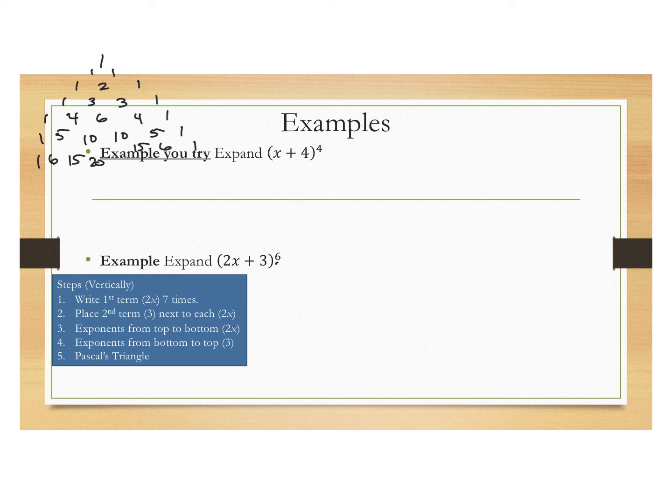It looks like we're going to draw 7 blanks, and we're going to place a 2x in parentheses in each blank to start with. Then we're going to place the second term, a positive 3.